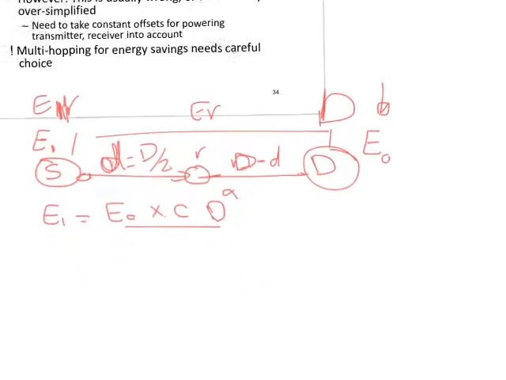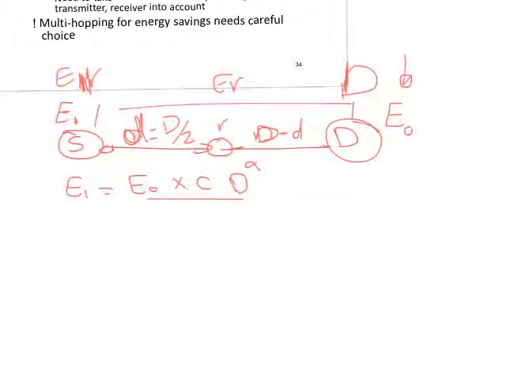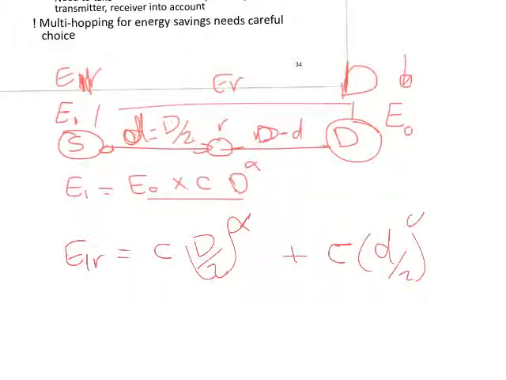So E1 relay equals C times (D over 2) to the power alpha, plus C times (D over 2) to the power alpha, all times E naught, right?